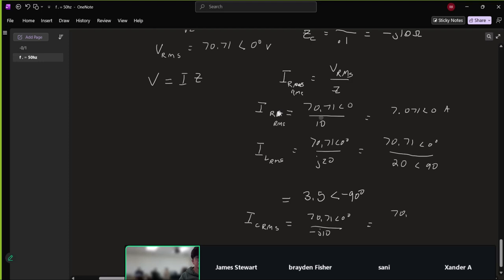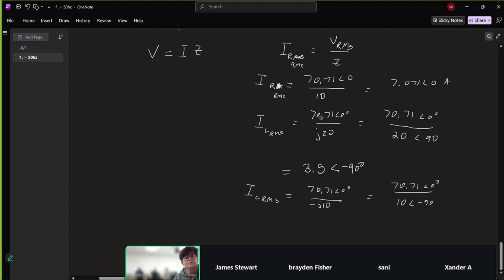So that's 70.71 angle 0 degrees over 10 angle negative 90. So that is 7.071 angle positive 90.